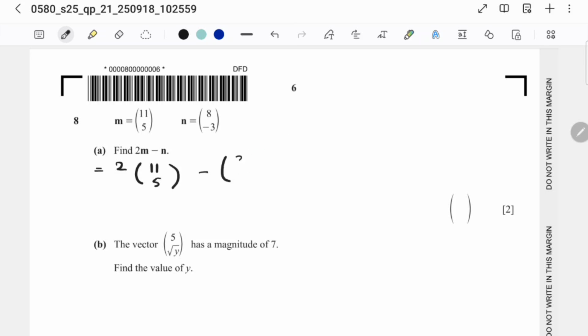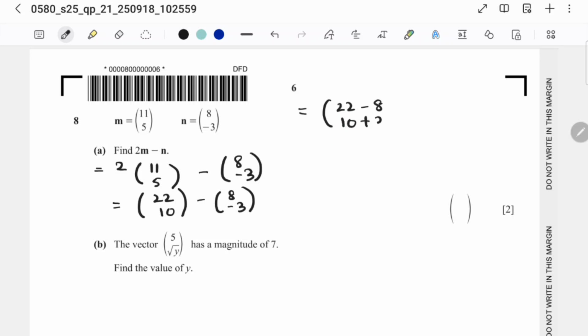They are given in the form of column vectors. 2 times 11 is 22 and 2 times 5 is 10, and then minus (8, -3). Now we are just combining it together. So 22 minus 8, and 10 minus into minus becomes plus 3. 22 minus 8 is 14 and 10 plus 3 is 13. So the column vector (14, 13) is your answer.